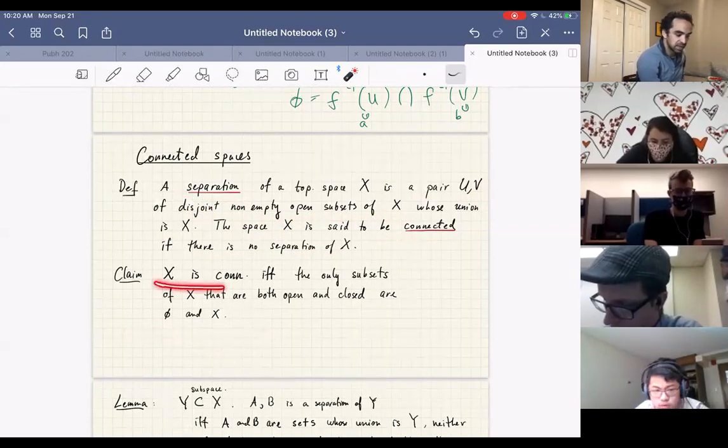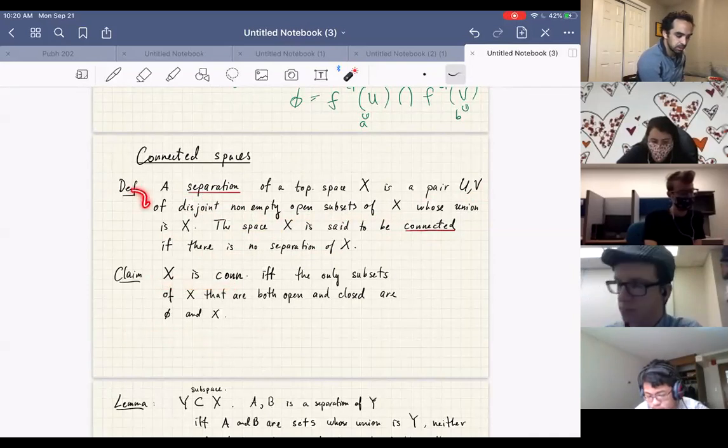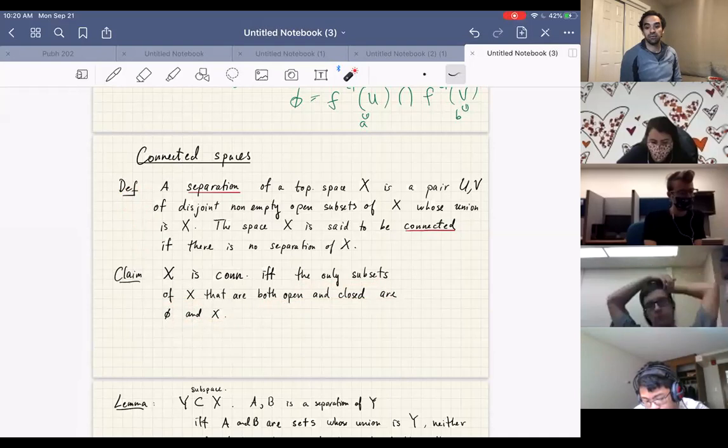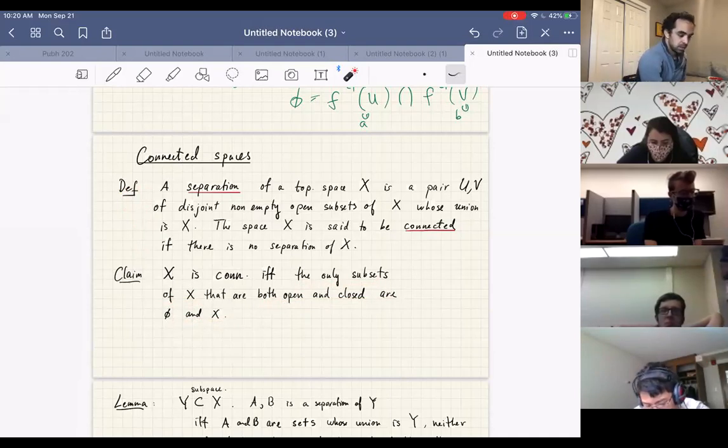I claim that's equivalent to the definition that we gave in the homework. Namely, X is connected in this sense, that there is no separation, if and only if the only subsets of X that are both open and closed are the empty set and X itself. Can someone explain the proof of this claim for me?